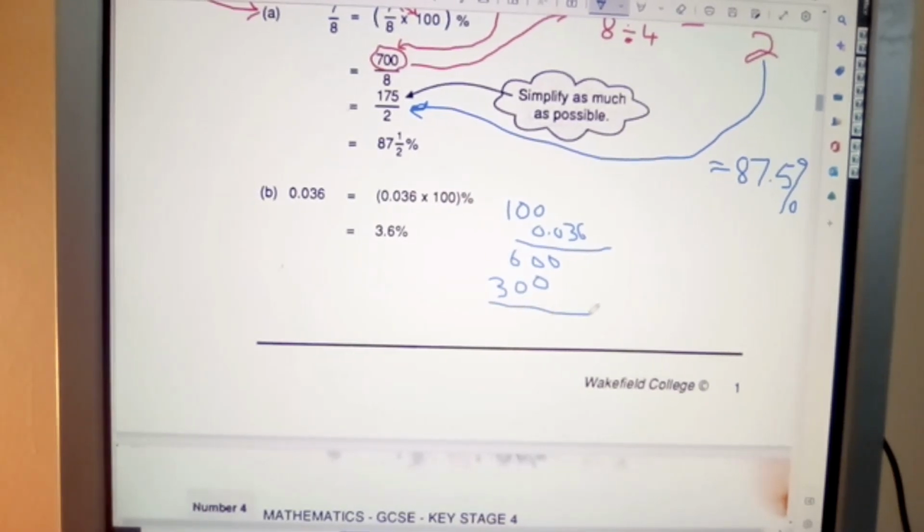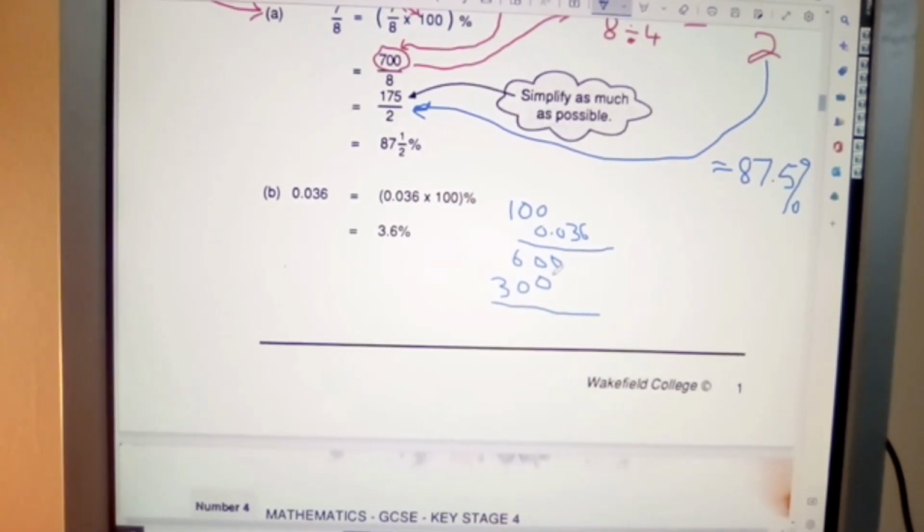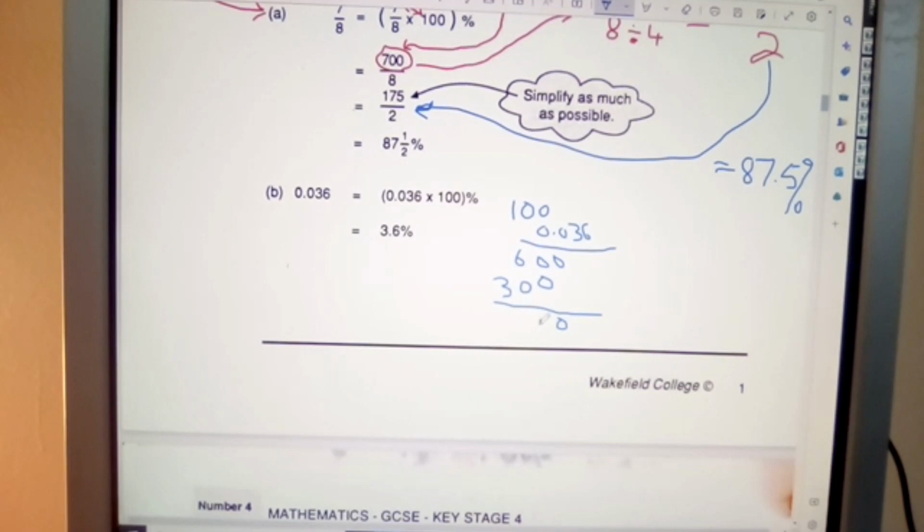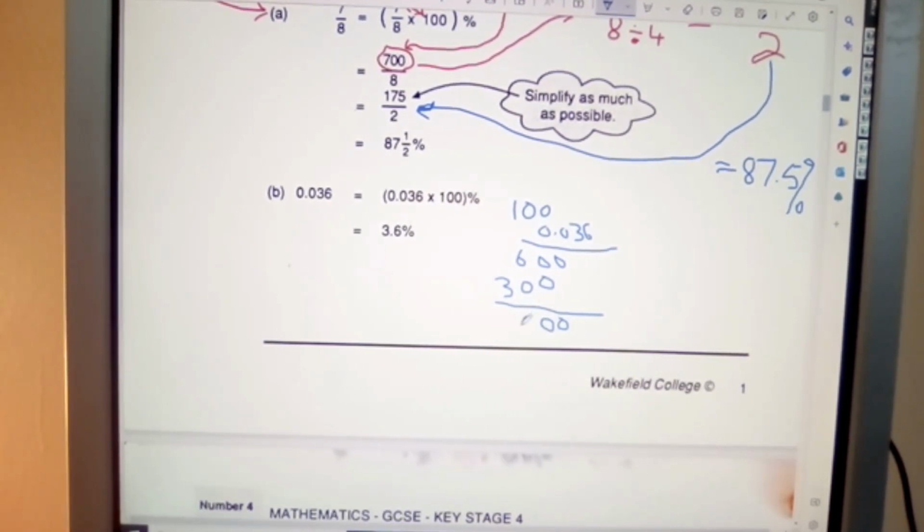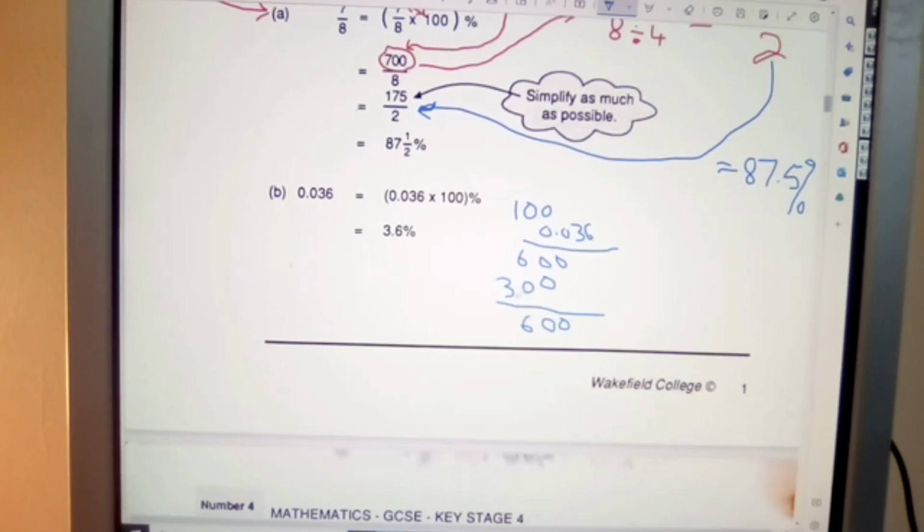Now we have 0 here, 0 and 0 is 0, 0 and 0 is 0, 0 and 6 is 6, and 3.